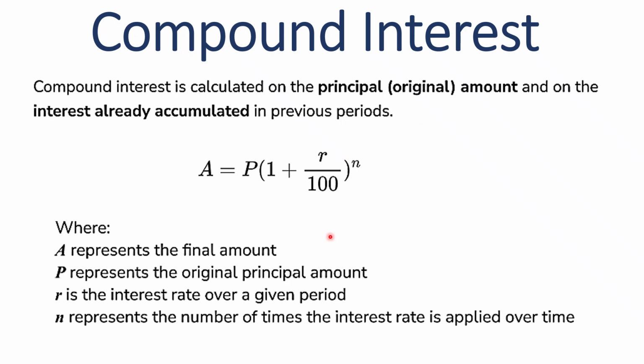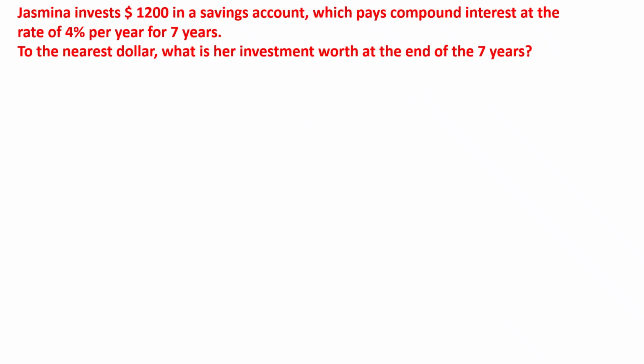Now let's see a question to understand it in a simple and better way. Jasmina invests $1200 in a savings account which pays compound interest at the rate of 4% for 7 years.